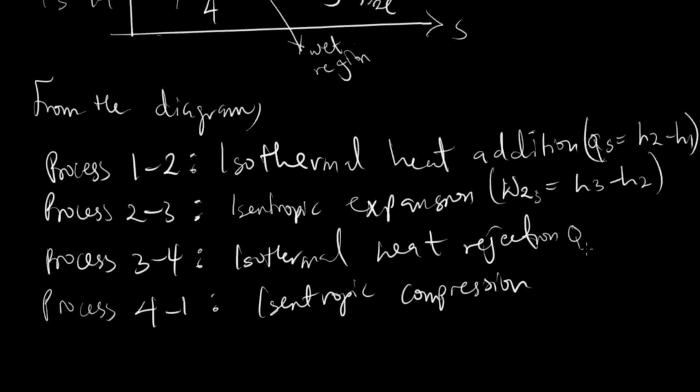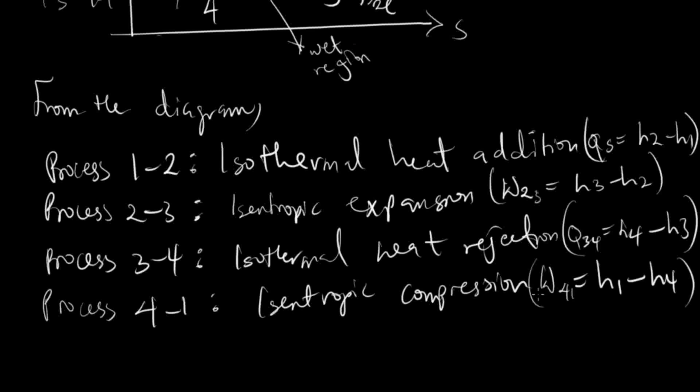Here Q3-4 is equal to H4 minus H3. Then W4-1 is H1 minus H4. This is what we are going to be using to solve examples.